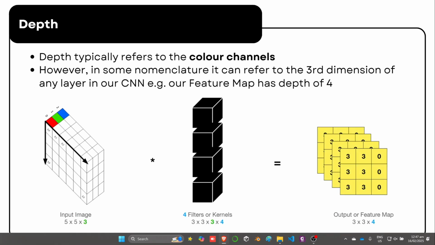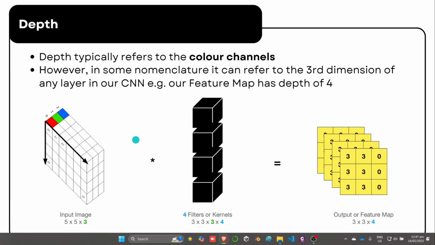So let's move on to depth. Remember, I referred to depth as being the number of channels in an image, as you can see here for RGB. That doesn't always hold in some nomenclature.